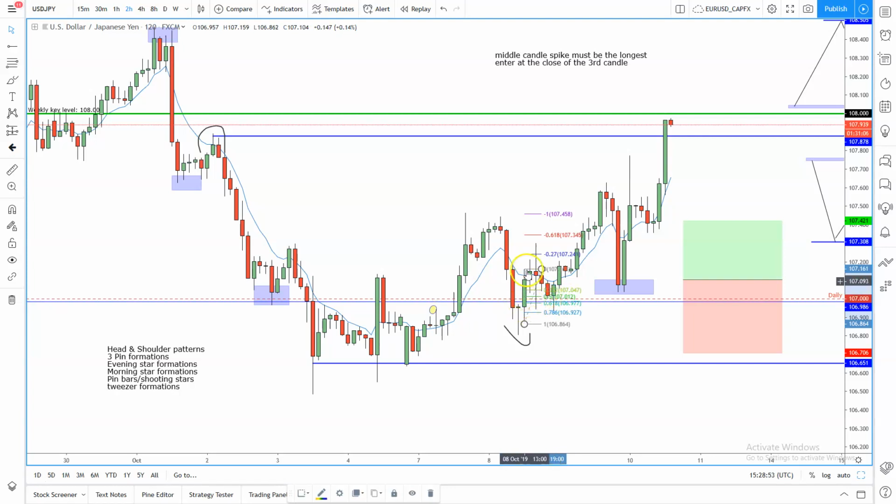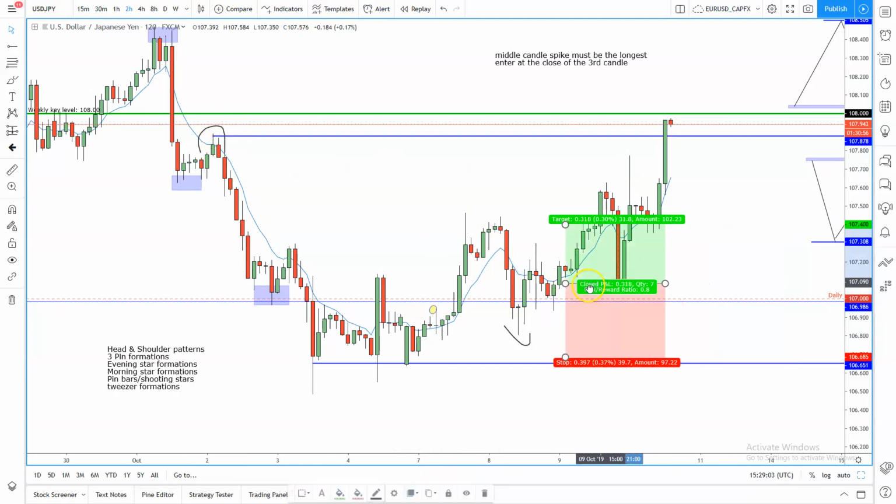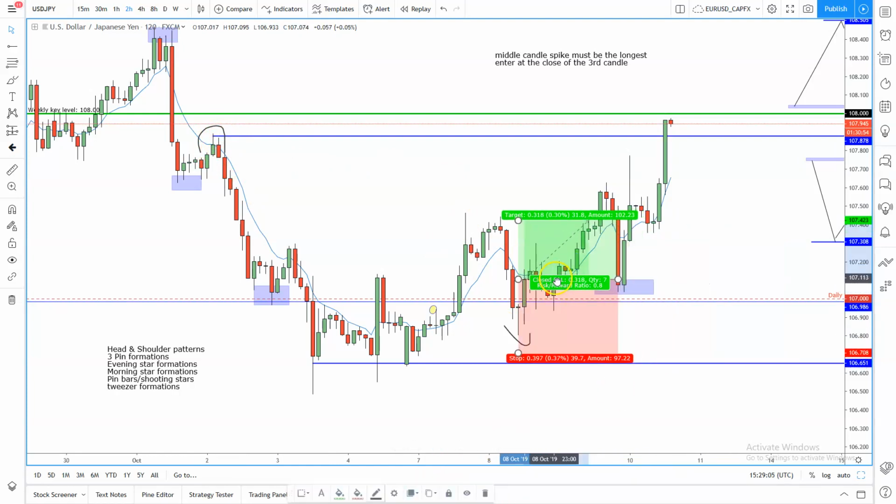But that's only if the third candle is really long. If it's small, like here, there's no need to draw a fib. Entry is at the close of the third candle, stop loss 10-15 pips below the middle spike, nice and tight, and then let the trade run.